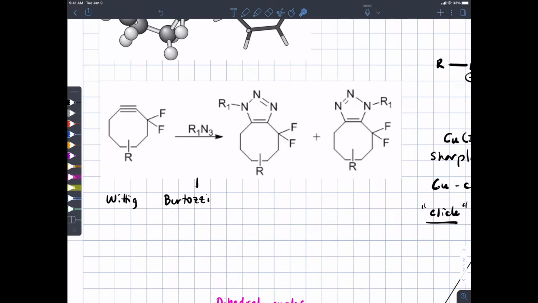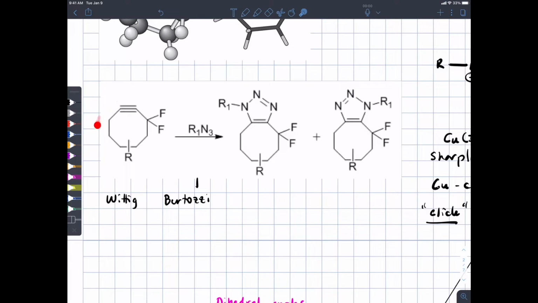based on work by Wittig, made this cyclooctyne ring. Now that's an alkyne in an 8-membered ring. That should be highly strained, because the bond angles want to be linear, but they're constrained to be something different from that. We don't have a representation here of what that ring conformation actually is.